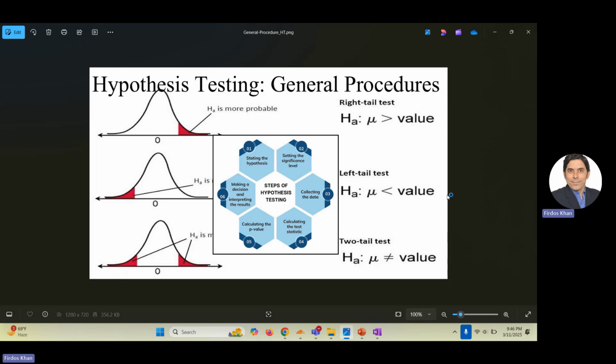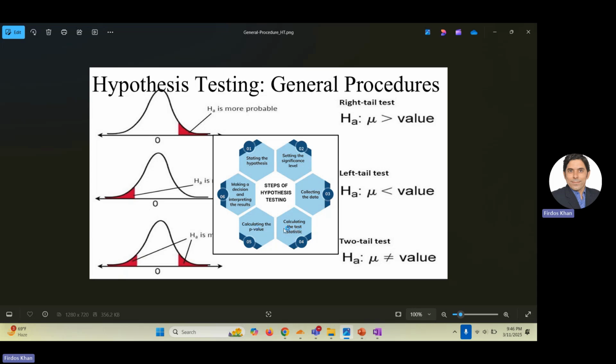In this video, we will explain the 5, 6, or 7 steps which we can do in hypothesis testing. Some people say 5 steps, some people 6, and some people say 7 or maybe more. These are the steps in hypothesis testing. Start from formulating the hypothesis, then setting the significance level, then collecting the data, calculating the test statistic, and calculating the p-value.